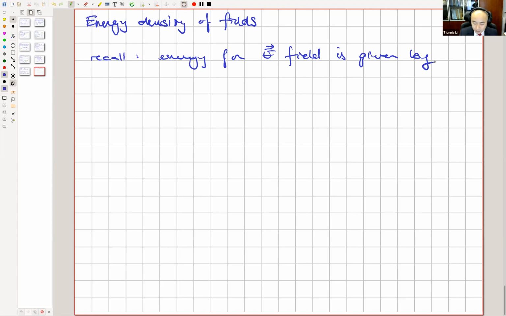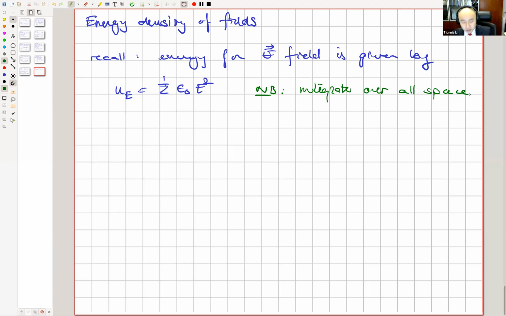Very good. So let's say the energy density associated with the electric field is just a half epsilon naught E squared. Again, I can't stress this enough: this is under the assumption that you integrate over all space.